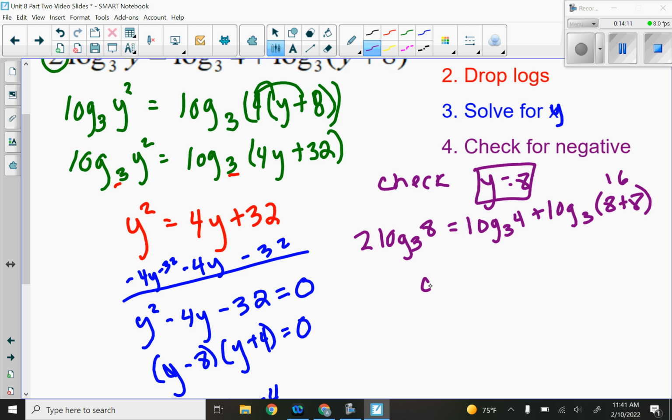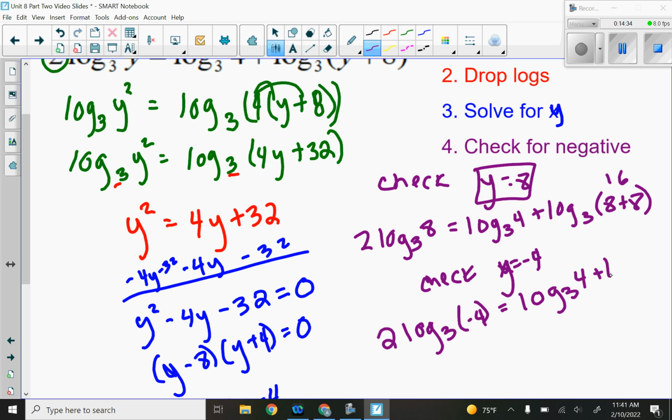Now if I check y equals negative 4, we would have 2 log base 3 of negative 4 equals log base 3 of 4 plus log base 3 of negative 4 plus 8.